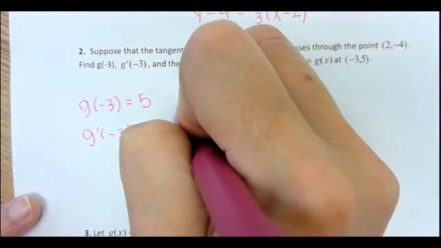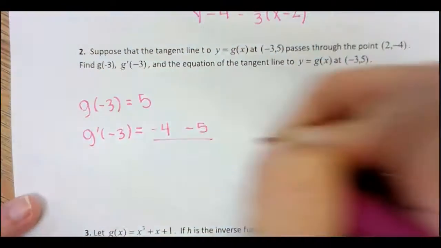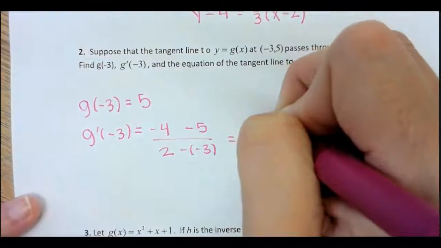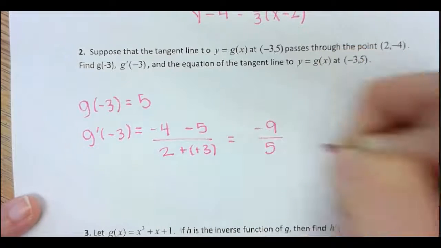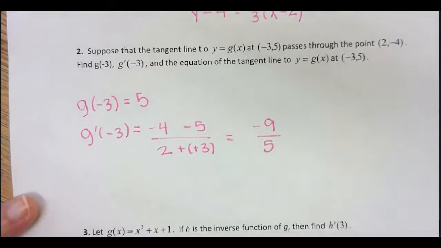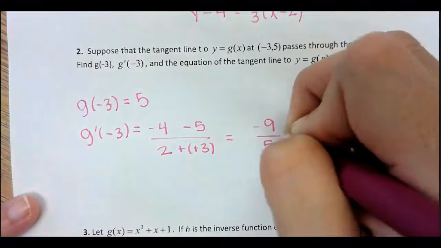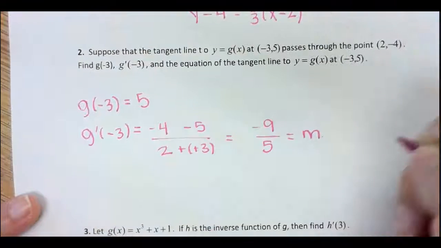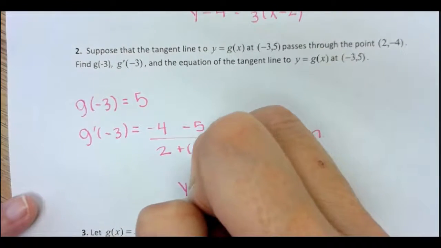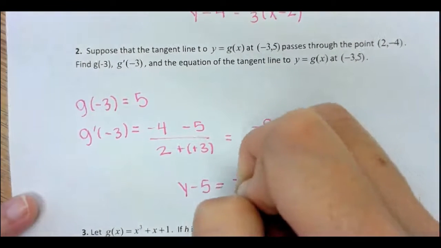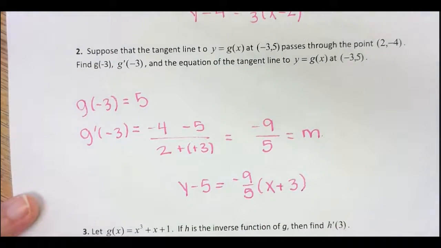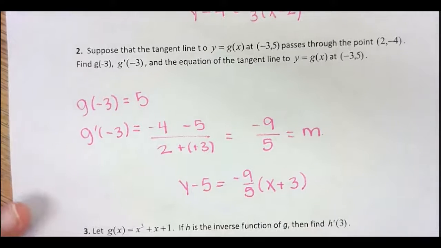So -4 minus 5 over 2 minus negative 3, or -9/5. And then that again represents the slope. So our equation using our point is y minus 5 equals -9/5 times x minus negative 3. So it's x plus 3.